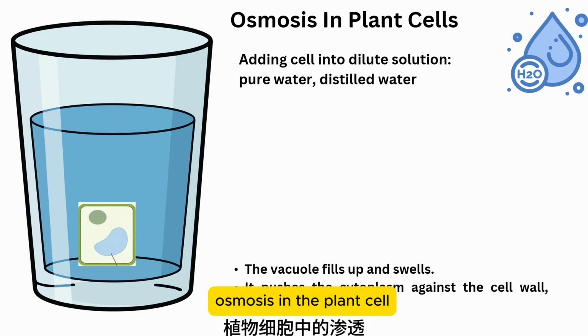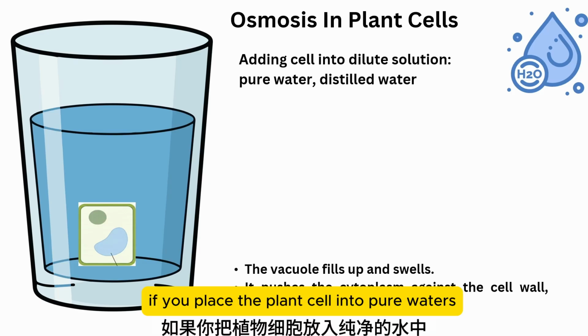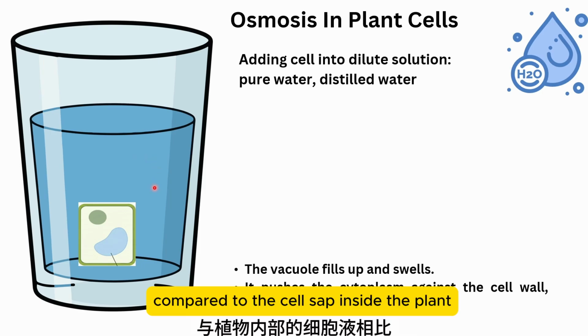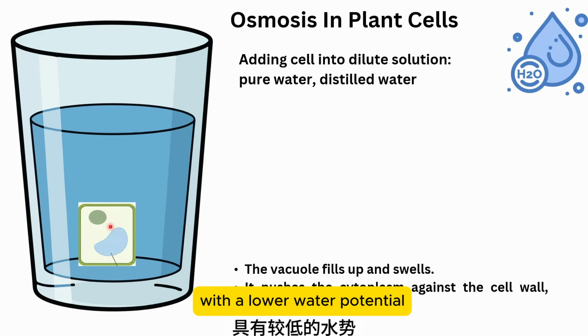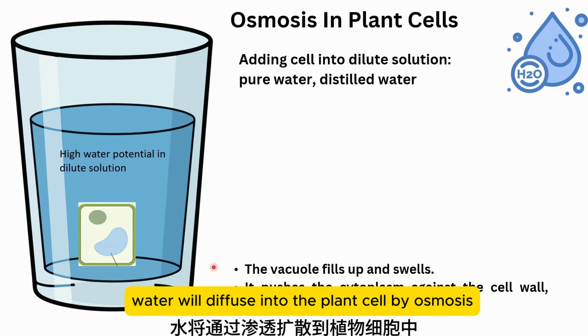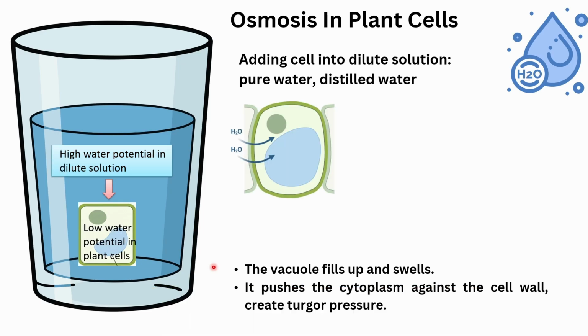Osmosis in the plant cell. If you place the plant cell into pure water with a high water potential compared to the cell sap inside the plant with a lower water potential, water will diffuse into the plant cell by osmosis.